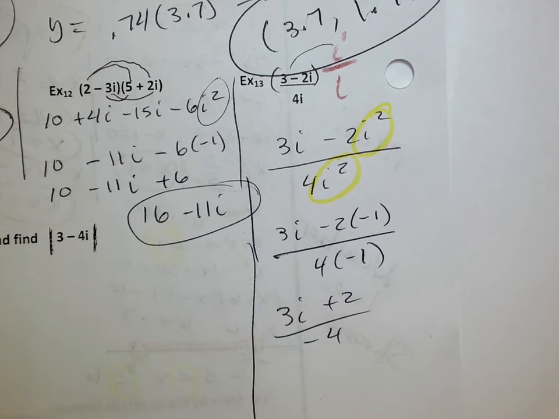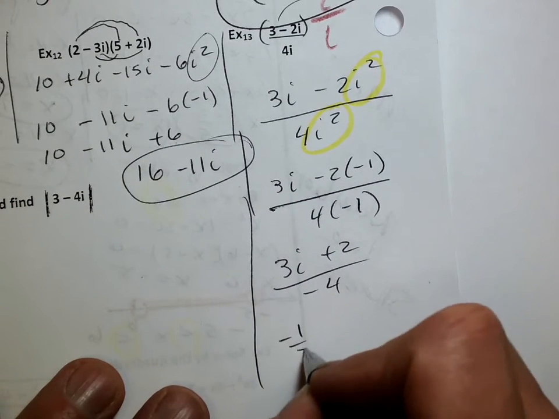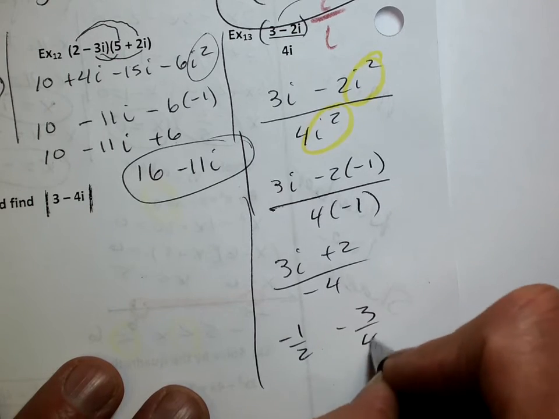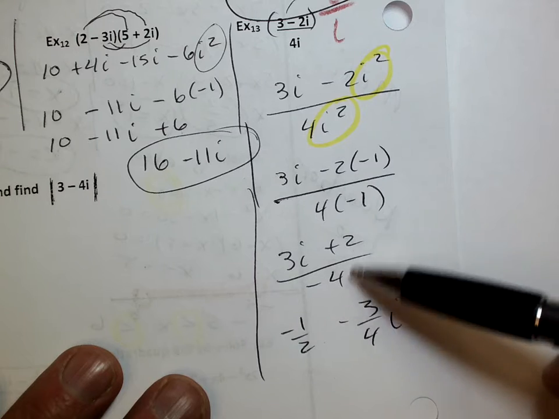And I'm going to write it as two separate fractions. Don't get too freaked out if I go negative 1/2 minus 3/4 i. Where did the 1/2 come from? You guys agree? 2/4, right?